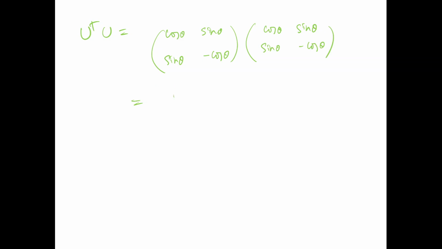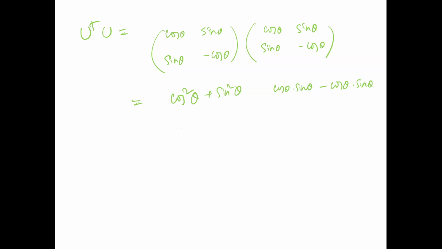Now you do the matrix multiplication. It will be cos square theta plus sin square theta, and in the next place it will be cos theta sin theta minus cos theta sin theta.